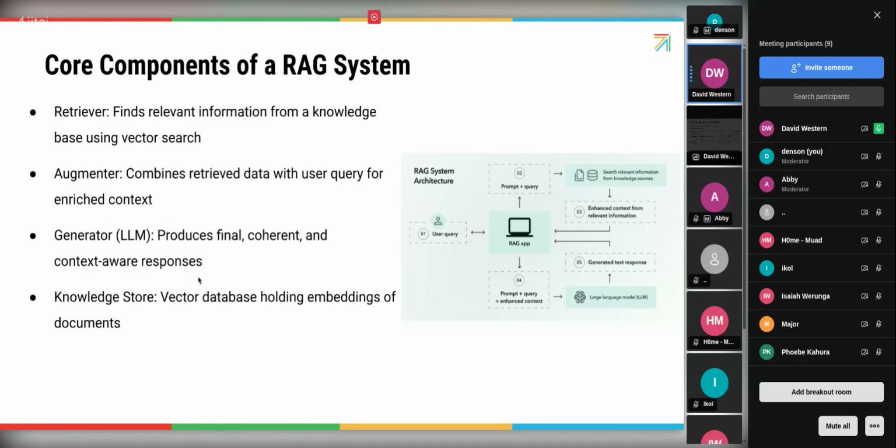Then, with the help of the large language model, it's able to elaborate more based on the information provided. So what are the core components of the RAG system?